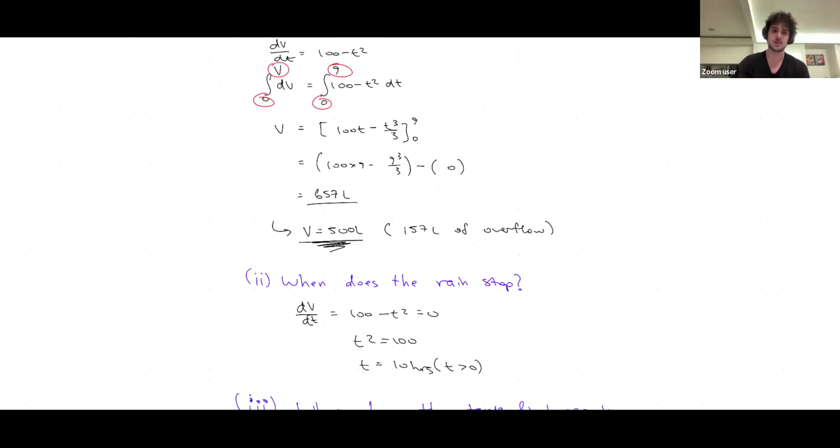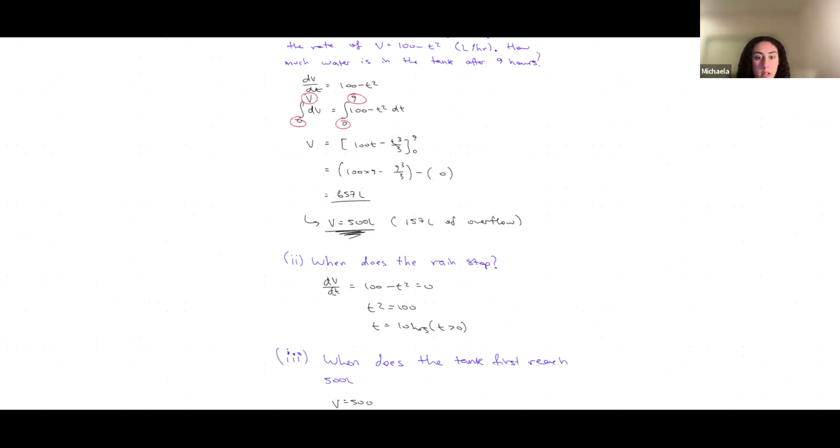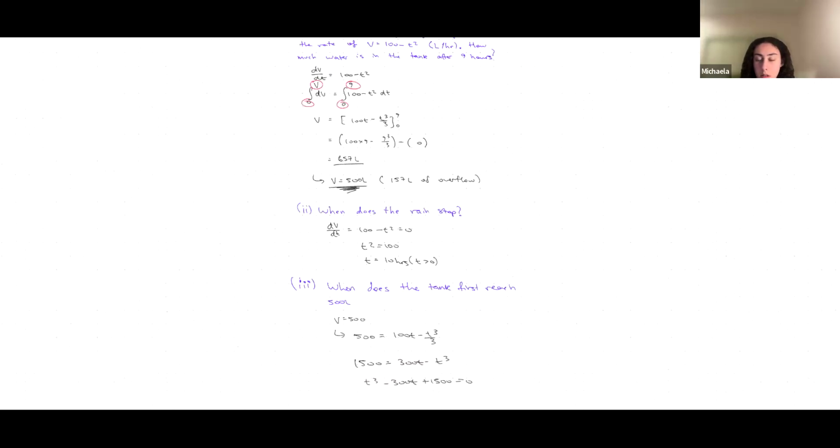No, in the one we're talking about. Oh, and the one down here. Yeah, 0. Right, it's empty. It's the same principle. If it was going from the integral form, it would look like this: going from 0 to t of 100 minus t squared dt.